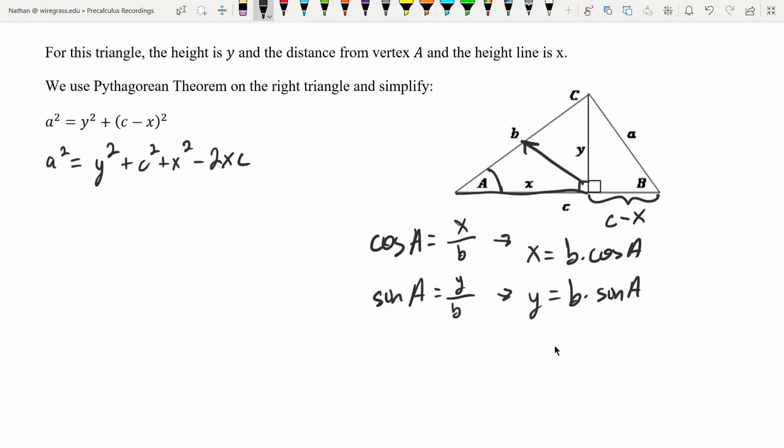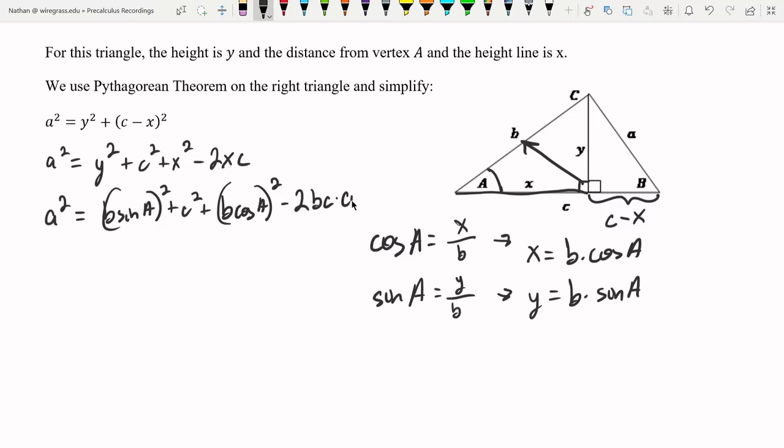I know what x is and I know what y is. Let's plug them in here and see what we get. Y is b sine A, this is squared, plus c squared plus x, which is b cosine A, squared, minus 2 times x. X is just b cosine A. So I want to write this as bc times cosine A. That c was already there, I just moved it around a little bit.